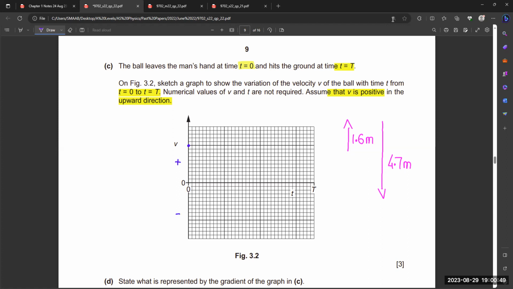So during the upward direction, we started from the maximum point, where it will be 0, right? So our graph will start from the maximum height. Then downward, it starts at 0, and the final will be something. So if we want to draw our graph, it will be like this. We just need to mark a straight line.